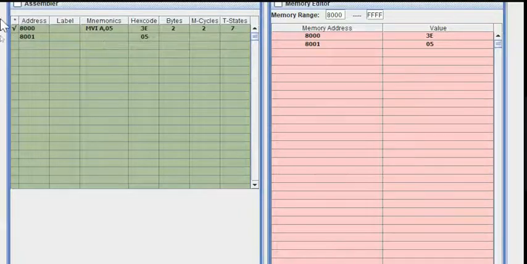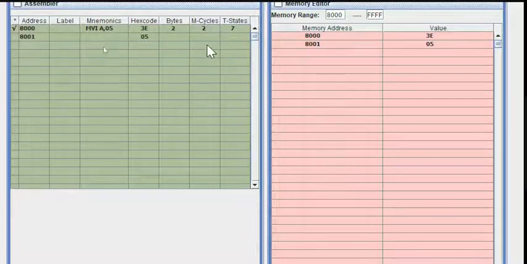So instruction cycle in general represents how many machine cycles the processor requires to execute a particular instruction. And what do you mean by machine cycle? Examples of machine cycles are opcode fetch, memory read, memory write, IO read, IO write.